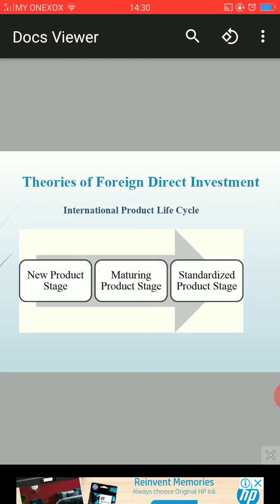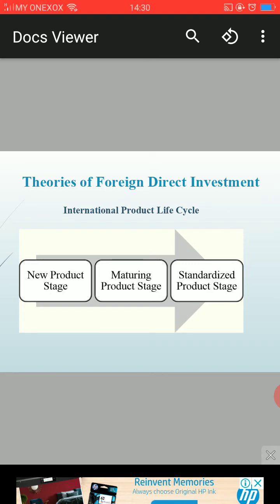At the maturing product stage, the other developed countries already produce copiers. For example, Japan already has its own copier, so Xerox needs to set up a production facility in that country because they want to reduce the cost.